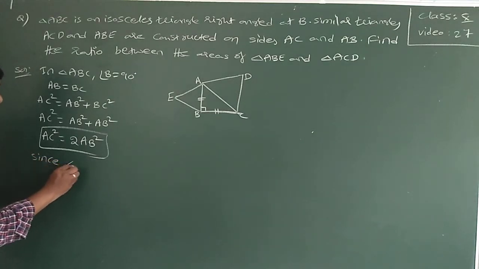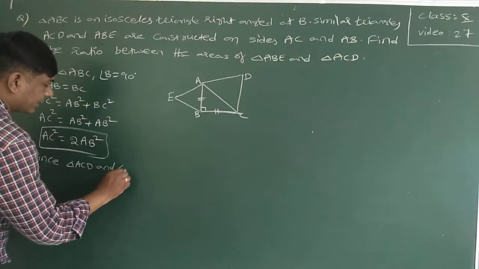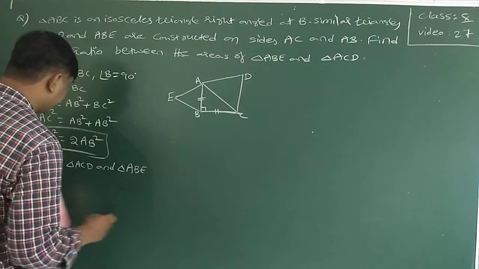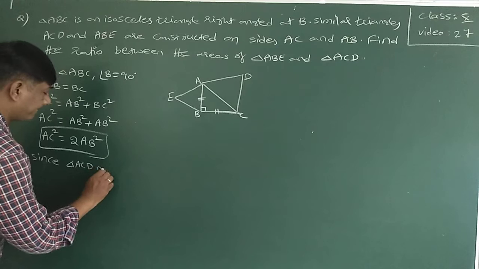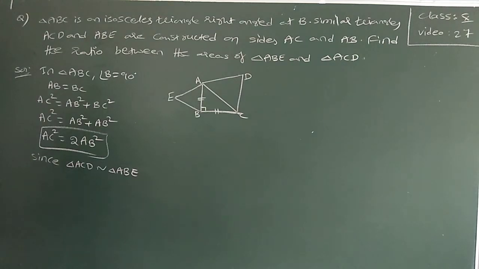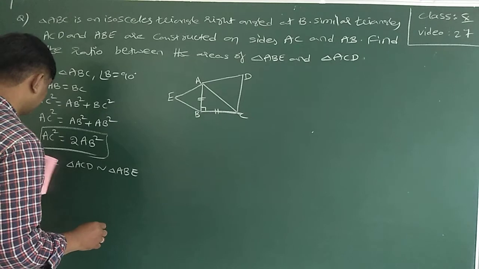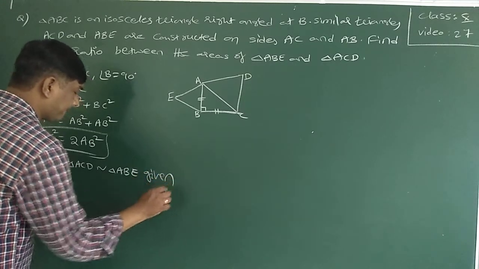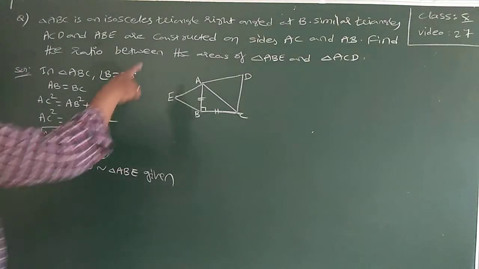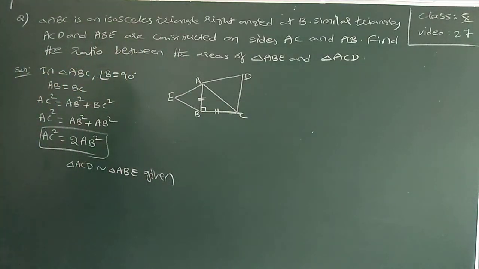Since triangle ACD and triangle ABE are similar, triangle ACD is similar to triangle ABE. ACD and ABE are similar, they gave.